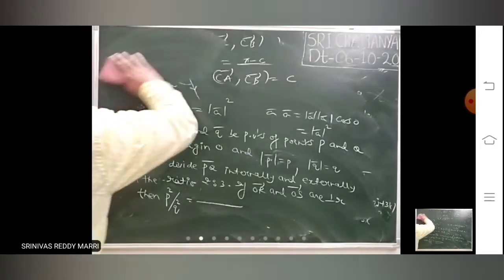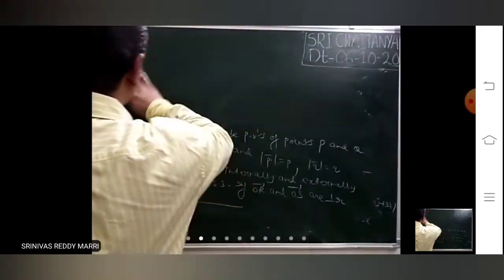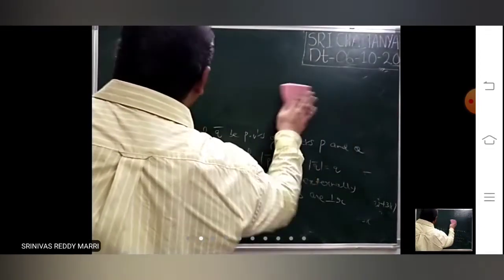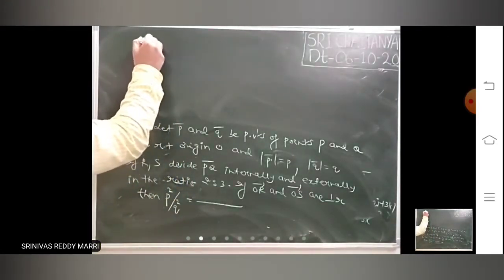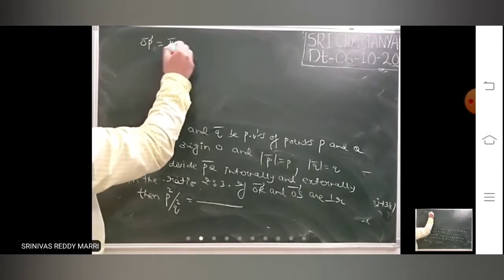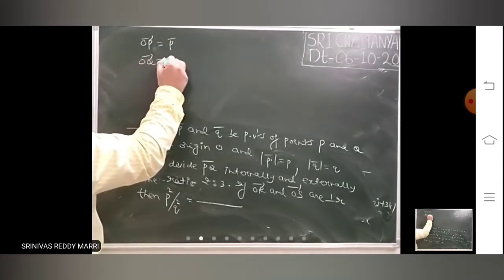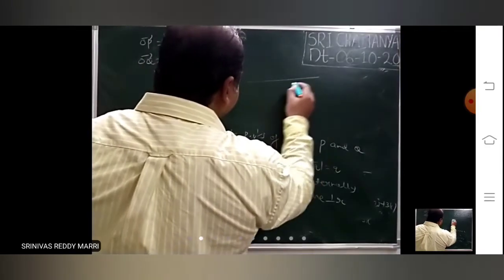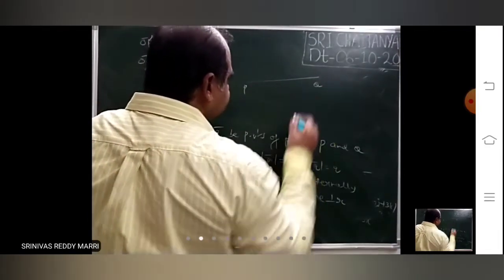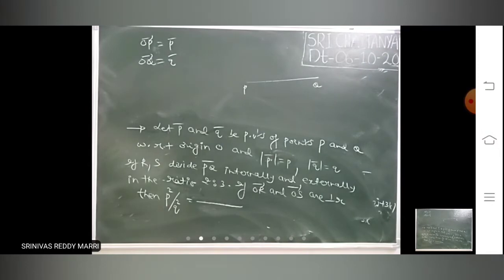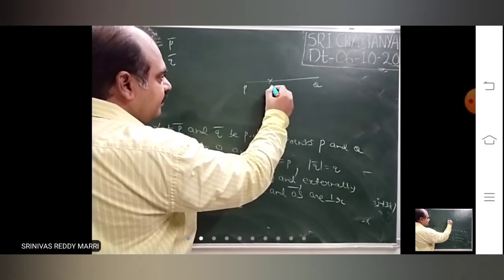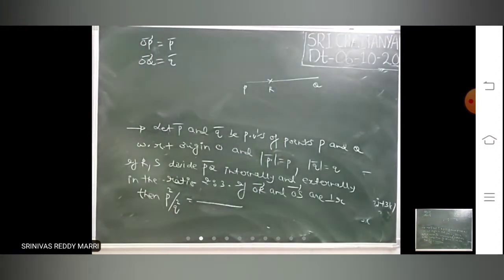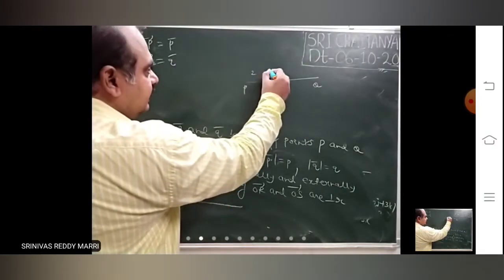Look at the position vectors given. That means OP bar equals P bar, OQ bar equals Q bar. There is a line segment. R is dividing PQ in the ratio 2:3 internally.